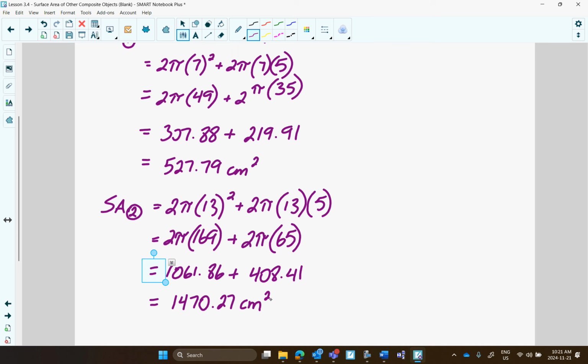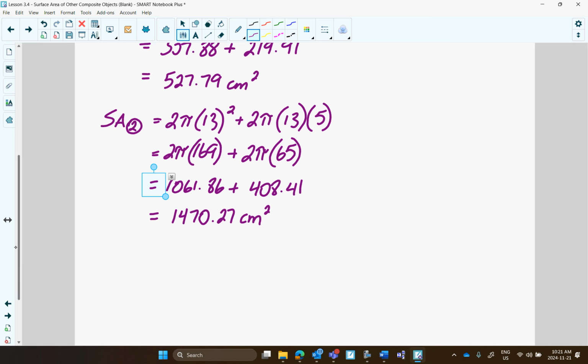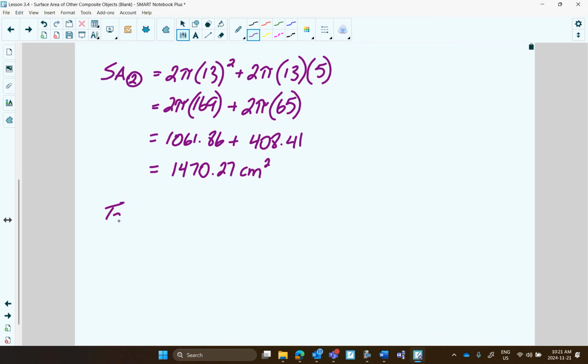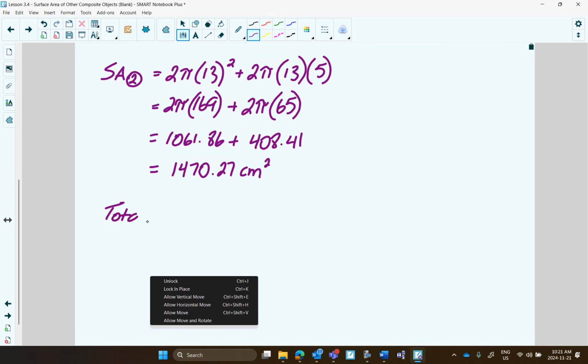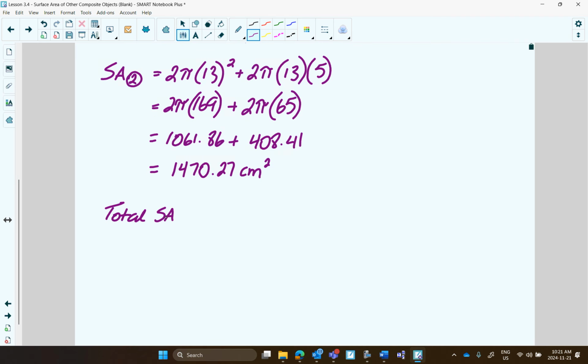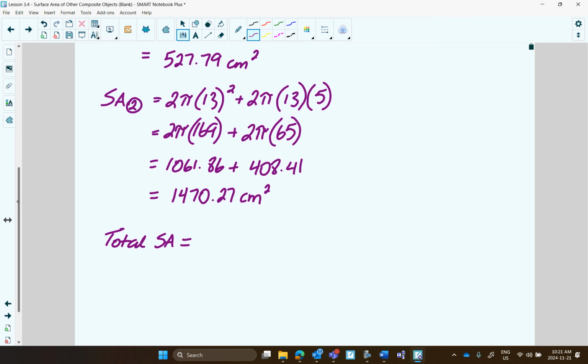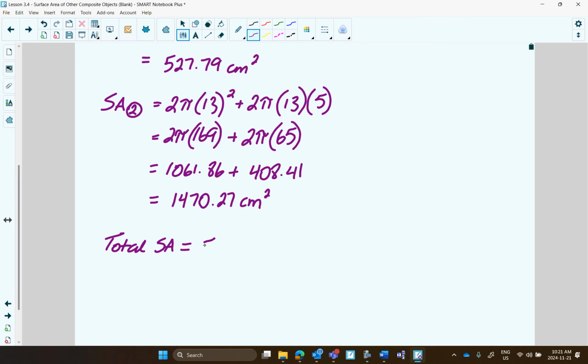Okay, so we're still not done, because now we have to put the layers back together. So we define the total surface area. We have to add the two surface areas we found, 527.79 plus 1470.27.